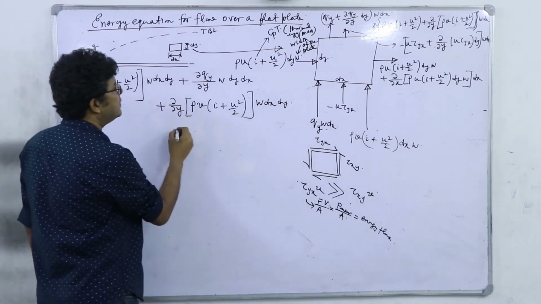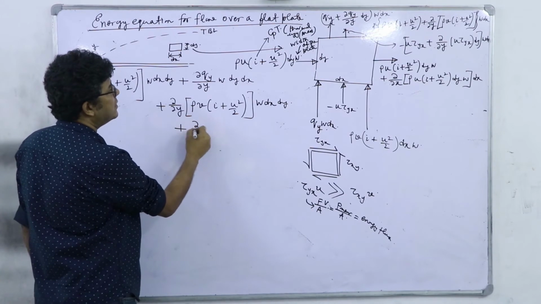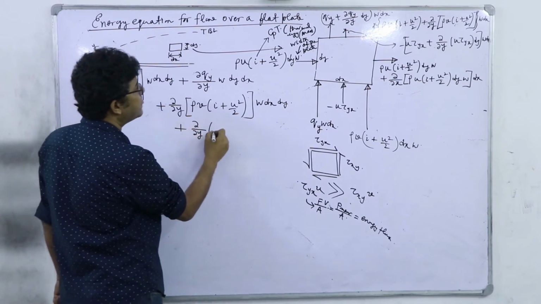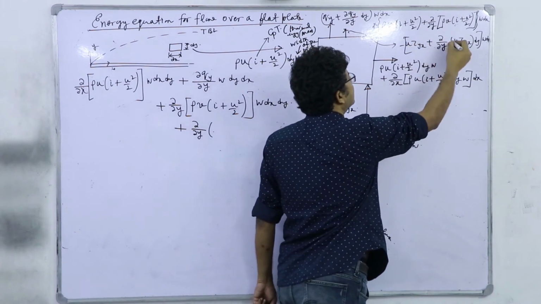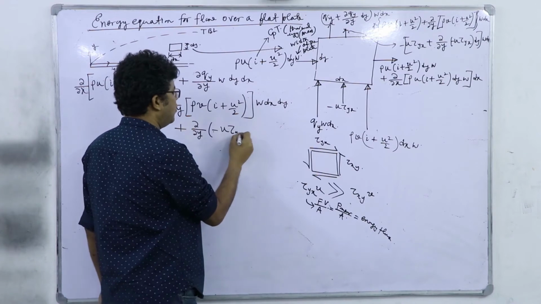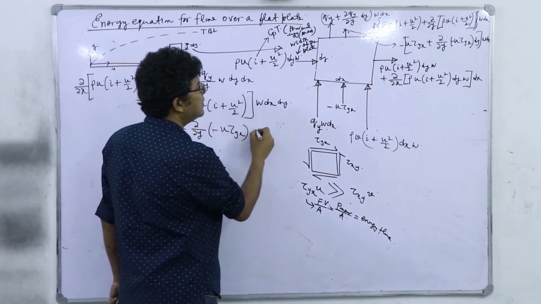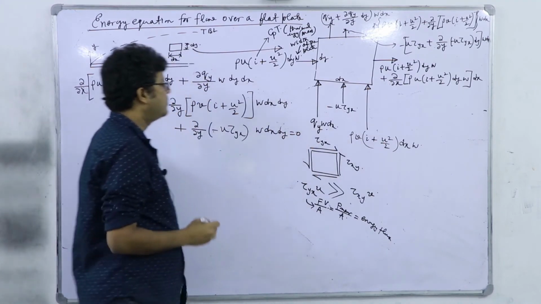Now, for viscous dissipation the term is plus del del y, and here I missed the minus sign, so minus of u tau yx into w into dx into dy, that will be equal to 0.